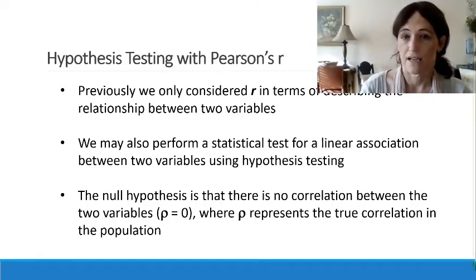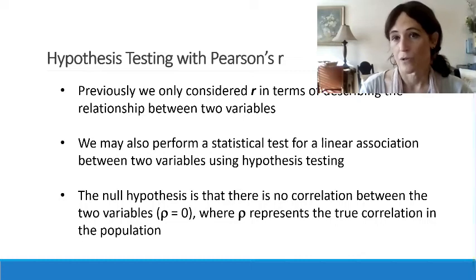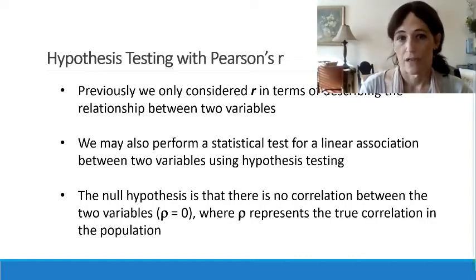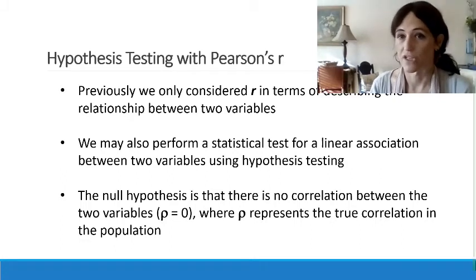And so we can test for a linear association between two variables using hypothesis testing, just as we would with a t-test or ANOVA. In this case, the null hypothesis is that there's no correlation between the two variables in the population. Notice that the nomenclature is not R, but the equivalent for the population, which represents the true correlation in the population.